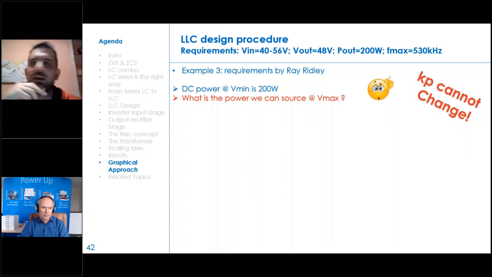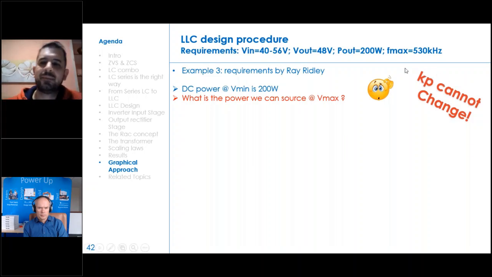Now, instead of being entangled in the proportion, how much power can I deliver at maximum bus? I don't want to go through all the previous calculations. So how can I do that in a quick way? Actually, we have demonstrated how the power scaling factor doesn't change, right?